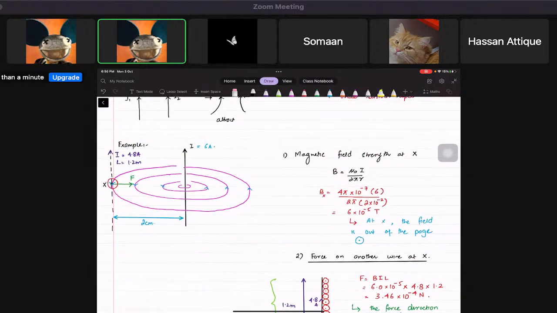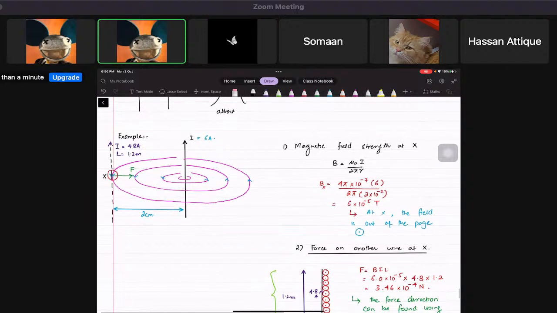If wire 1, which has a 6 ampere current, applies a force F of the value 3.46 times 10 raised to minus 4 on wire X to the right, what will wire X do? Something that Newton has told us. Recall, please. So it will exert equal and opposite force.